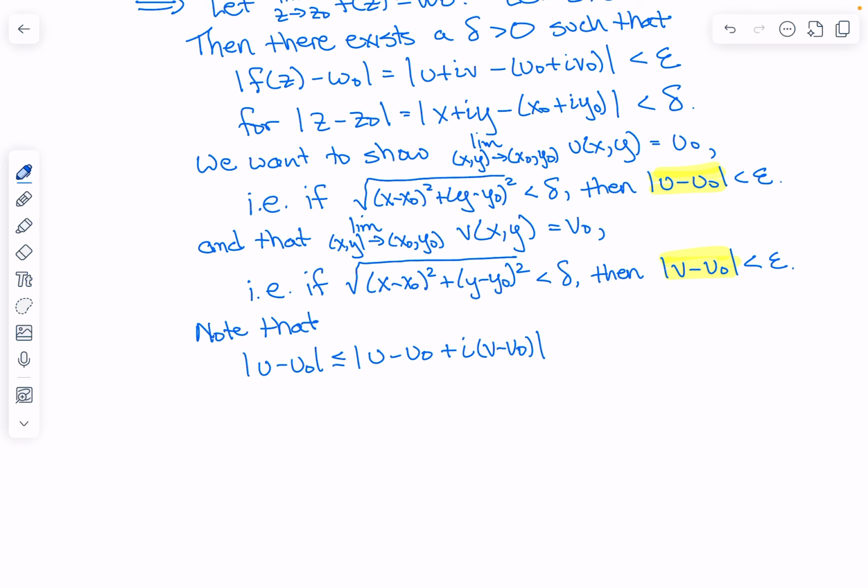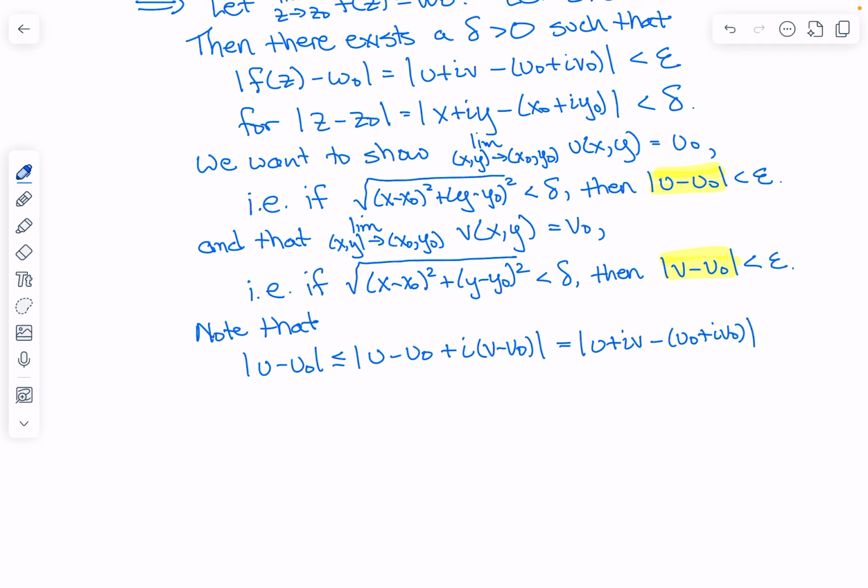But what we have on the right is definitely the modulus, or the length, of a complex number. So clearly u minus u0 in length is going to be less than or equal to the length of u minus u0 plus something else, in this case v minus v0. But now I can rearrange those to be u plus iv minus u0 plus iv0.